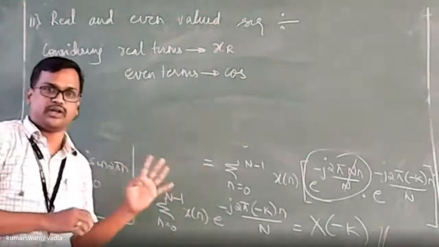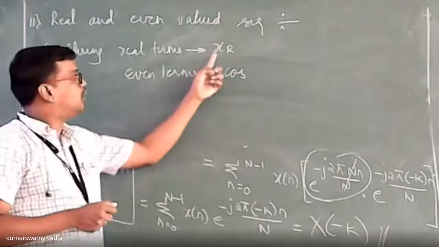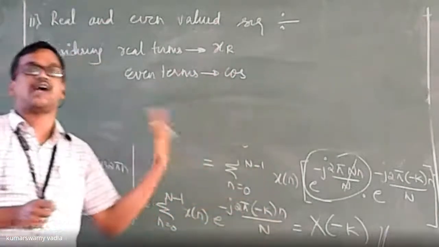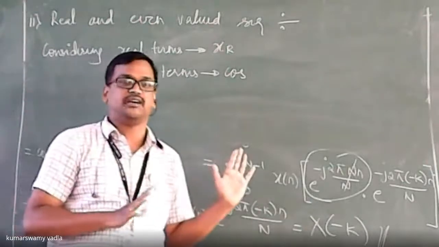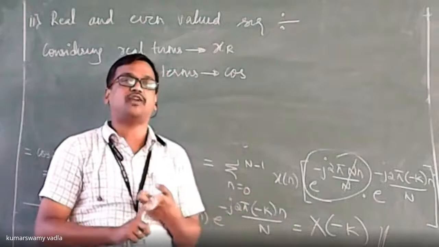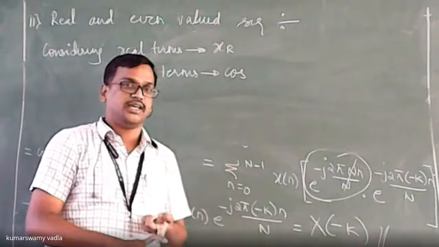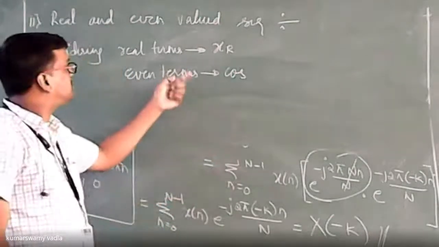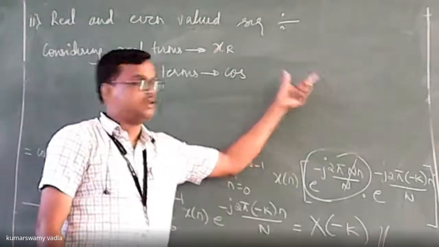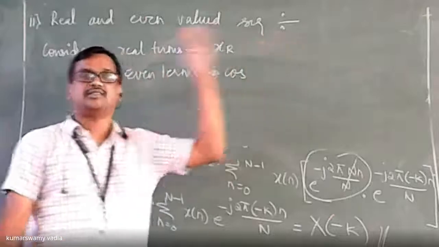Equation number 1, 4 terms which are there. In that one, you should consider only real and cosine, neglecting xi and j terms, that is sine terms. Sine is meant for odd branch. Even means cosine, odd means sine. Real means xr, imaginary means xi.